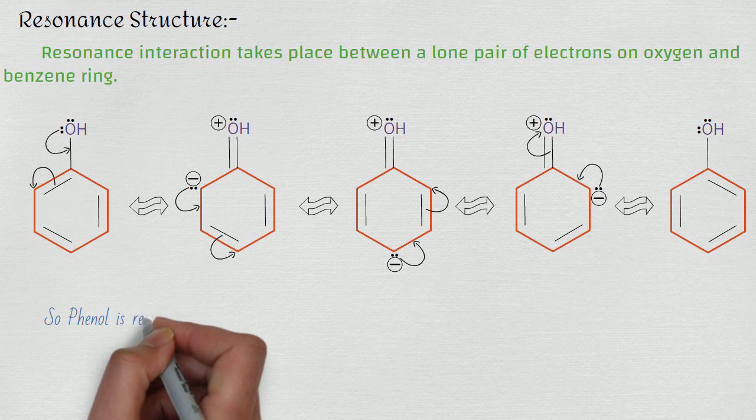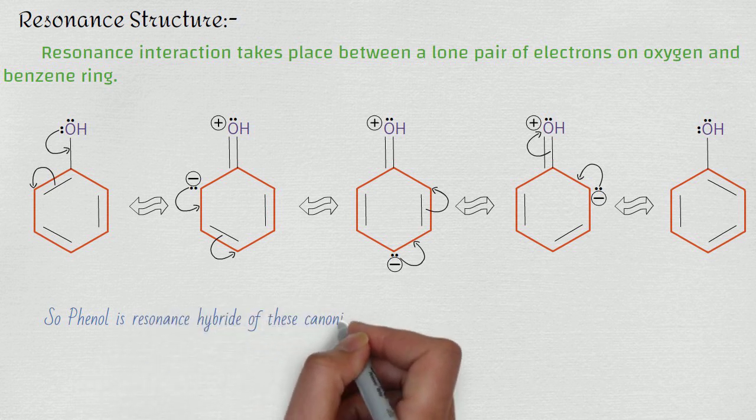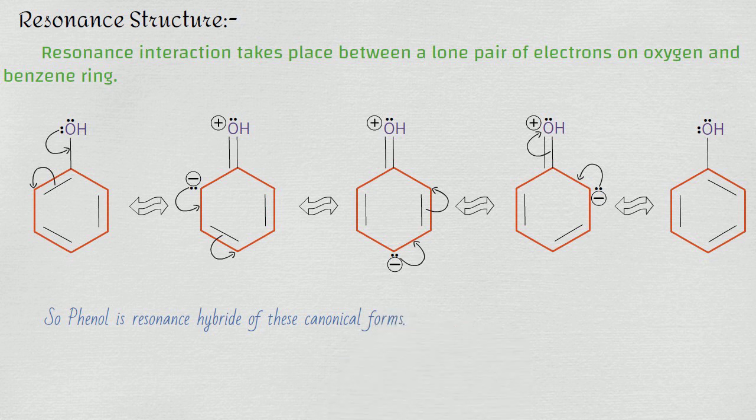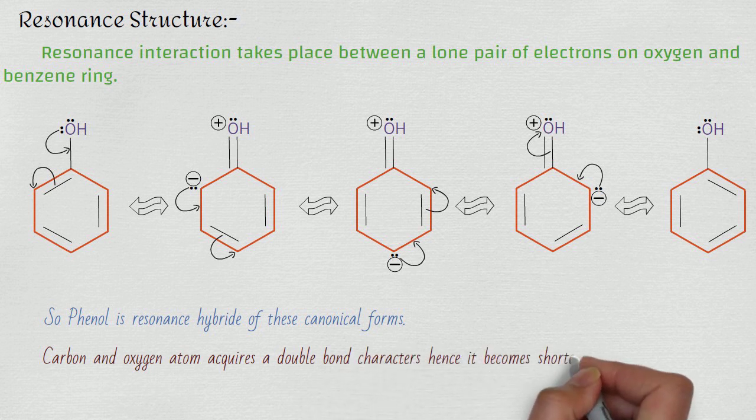So phenol is a resonance hybrid of these canonical structures. Now due to resonance, the carbon-oxygen bond in phenol acquires a double bond character, so it becomes short and strong.